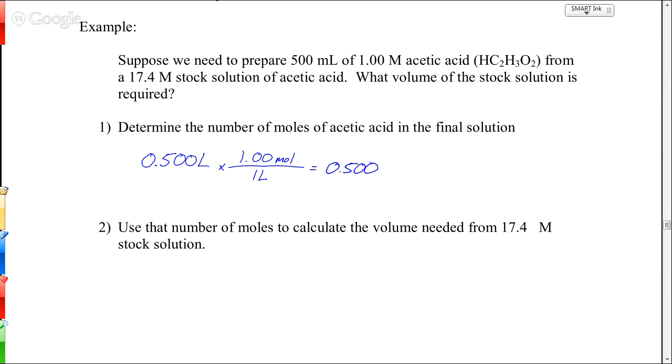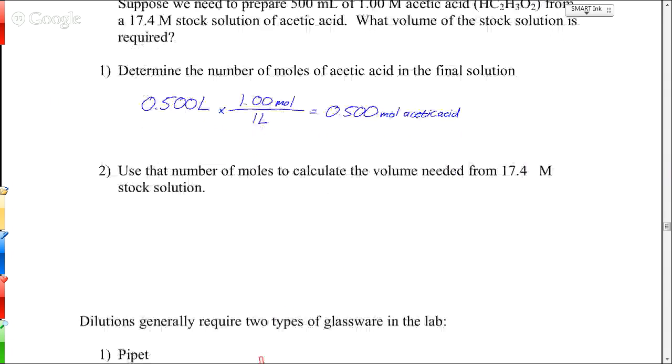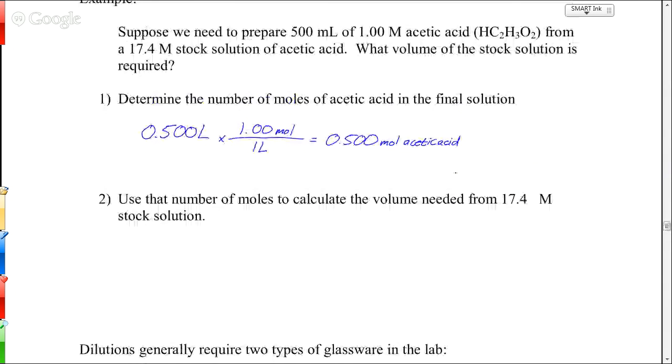So that means we need 0.500 moles acetic acid.